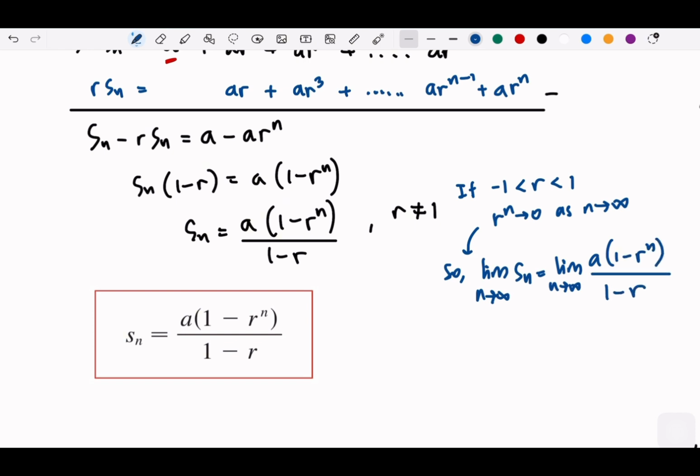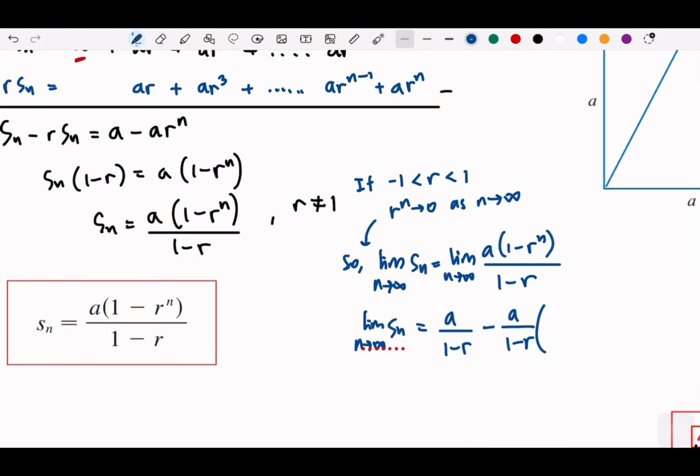Since r to the power of n will be 0, we could write that we are going to have a over 1 minus r, multiplied by a limit of r to the n.